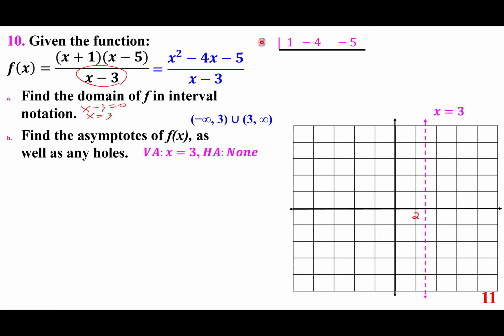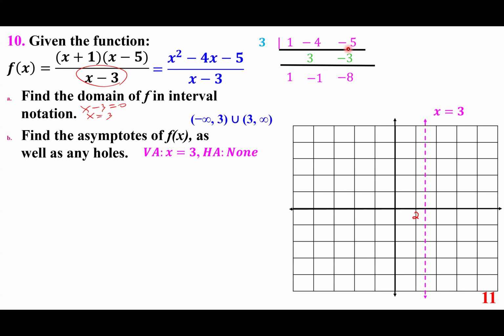Which means we're going to drop the 1. Multiply these two, we get 3, and we put it here. Add them up, we get negative 1. Multiply it again, we get negative 3. Add them up, negative 8.